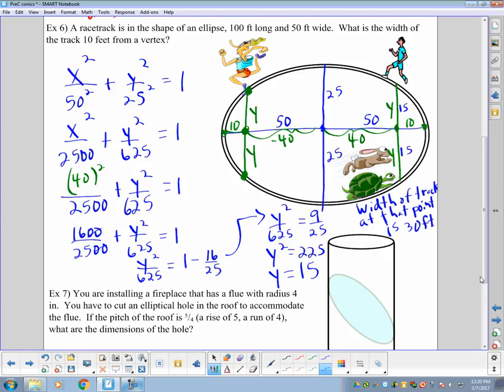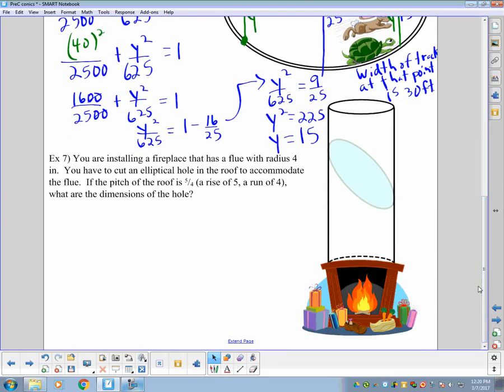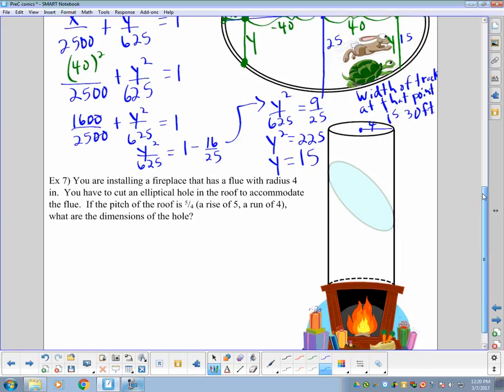A pitch. It's a slope. A rise of 5 and a run of 4. It says we have a radius. So you're installing a fireplace that has a flue with a radius of 4 inches. So that means all the way across it's 8.